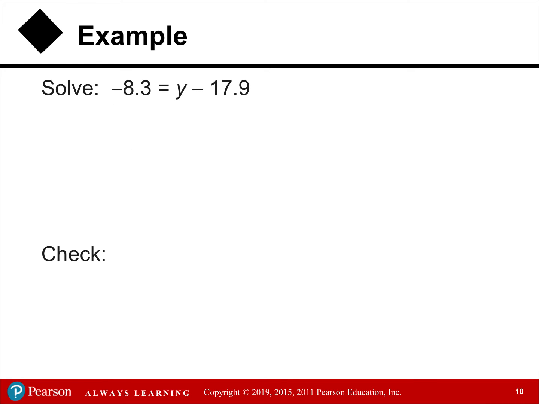Okay, this one we're going to solve. It has a decimal just so that you can see the y is over here, so I'm going to try and take this guy to the other side. To get rid of him, he's being subtracted, so to do the opposite of that is to add 17.9. So I'm going to add 17.9, and rewrite it. Maybe I'll make my decimals bigger.